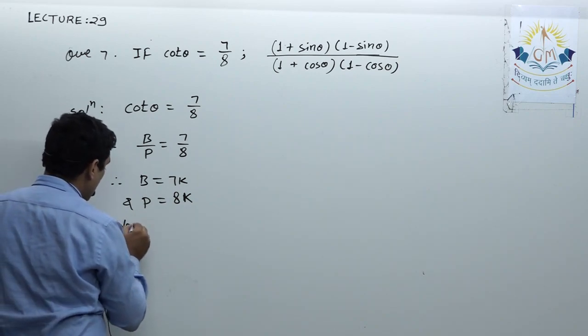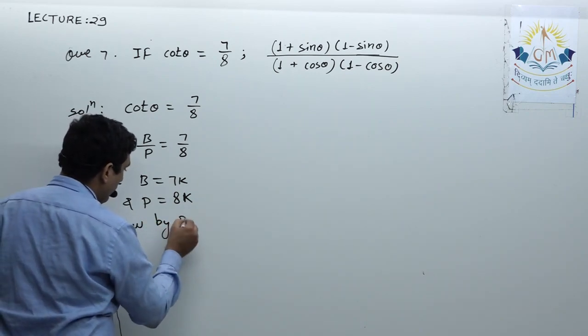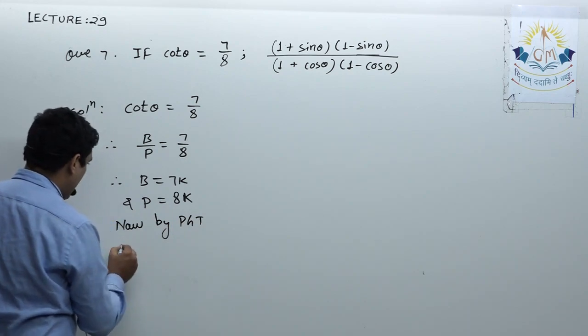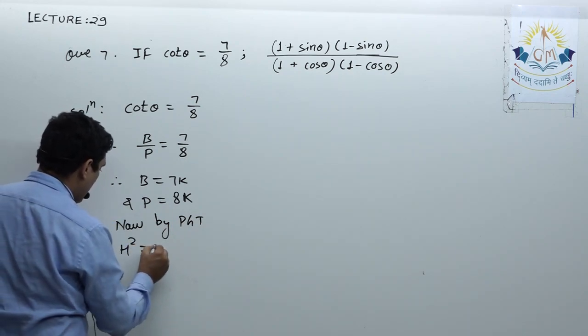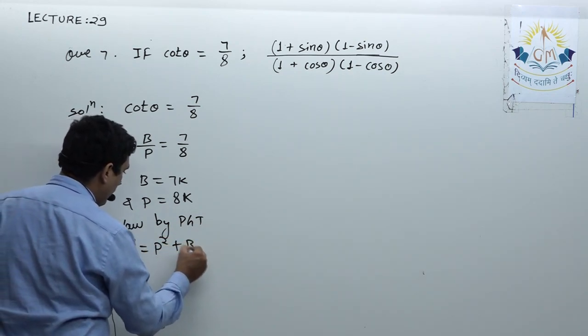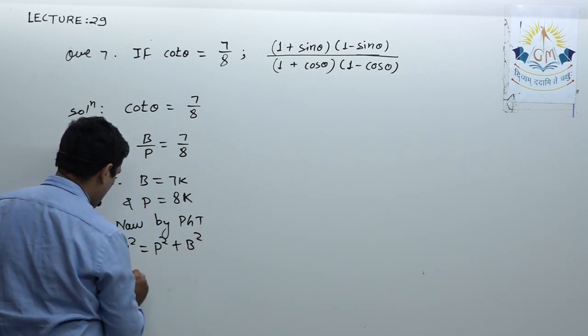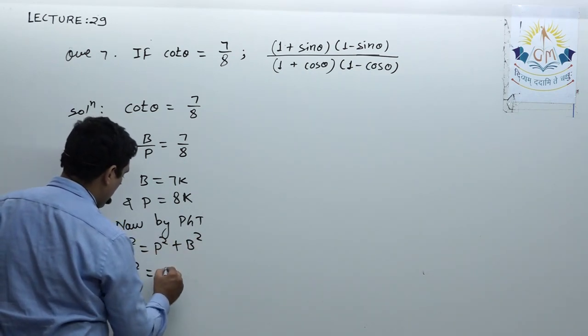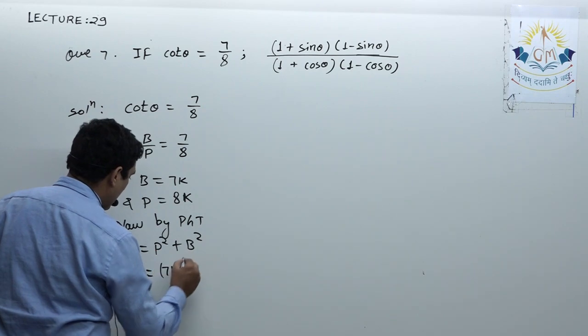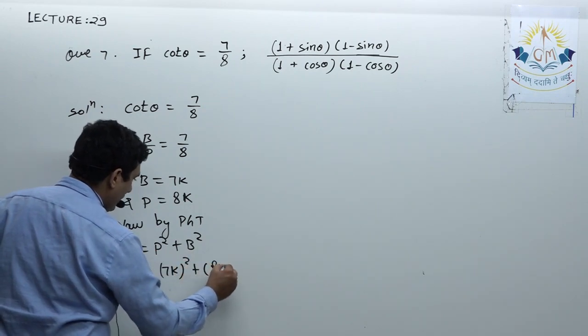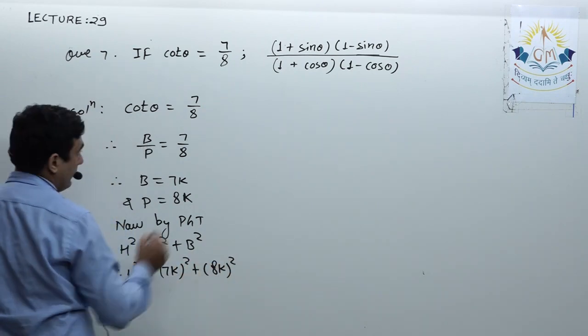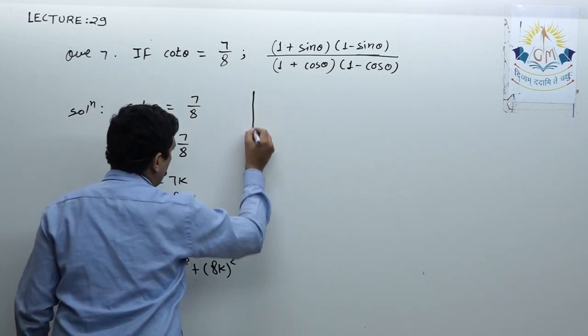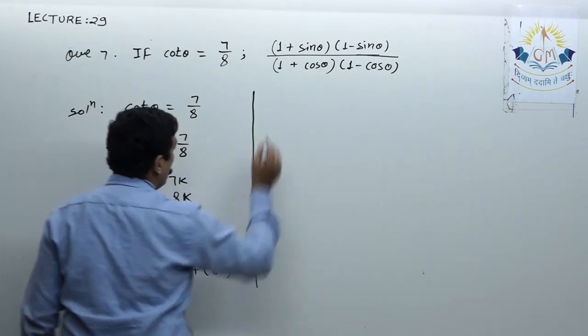Now by Pythagoras theorem I can say h square is equal to p square plus b square. Therefore h square is equal to 7k whole square plus 8k whole square. So here I'll get the value of hypotenuse.